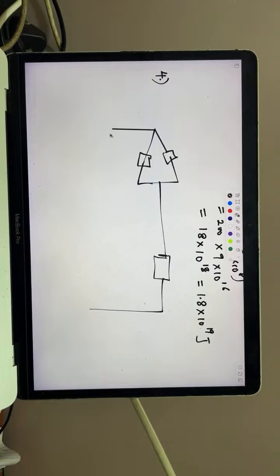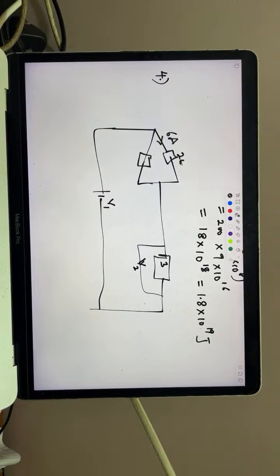So here we have V1, and this one is 3 ohms, and here we have V2, and here 6 amperes is going. We have 2 ohms in this place, and here we have 6 ohms.